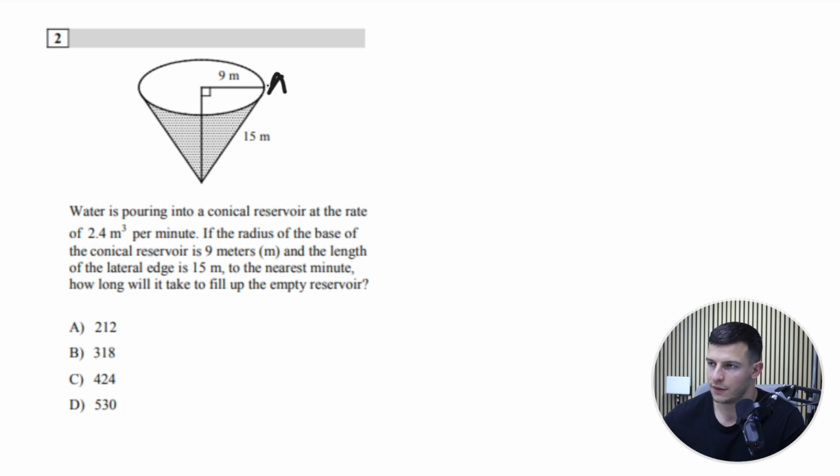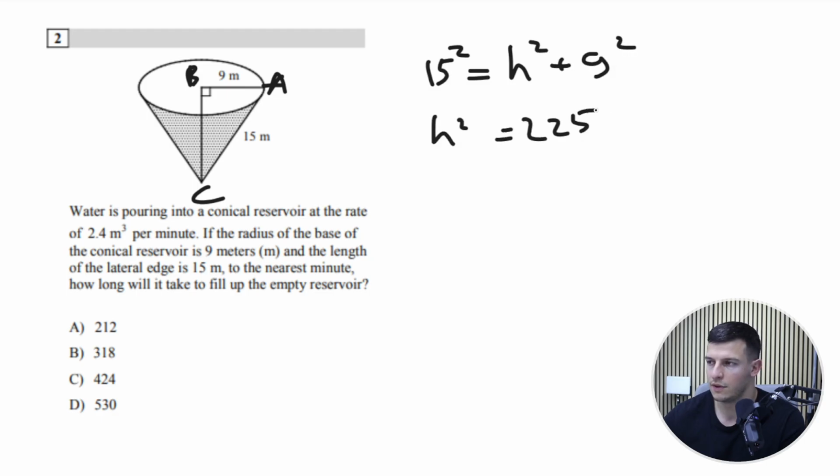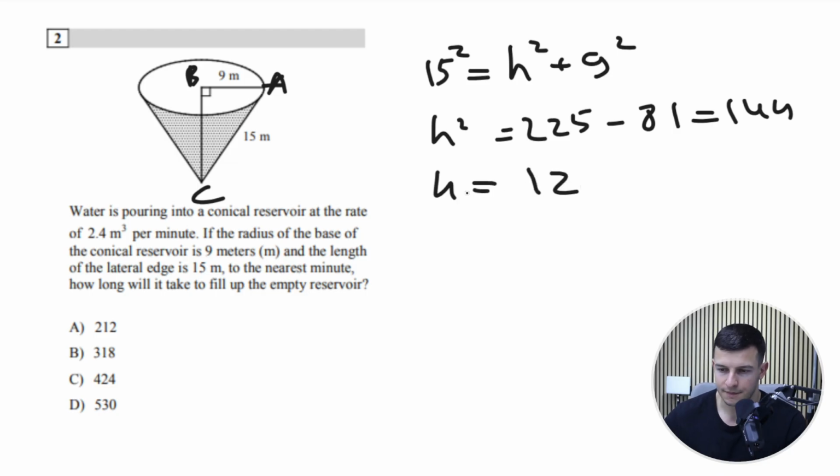So if you think of this as a BC triangle, then AC is a hypotenuse, meaning 15 square should be equal to height square plus 9 square. So height square is going to be 225 minus 81, and I believe that's 144, and h is going to be equal to 12. So we found the height.